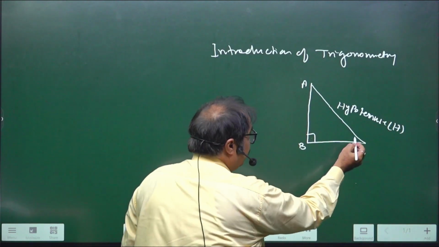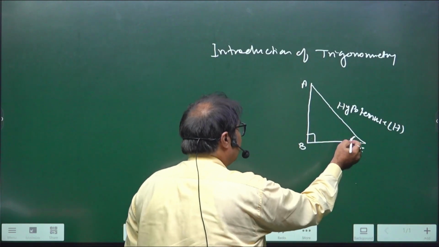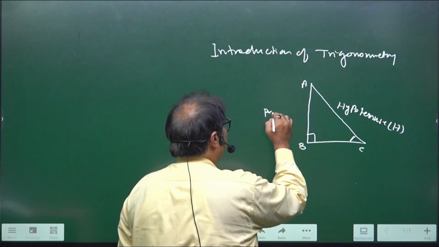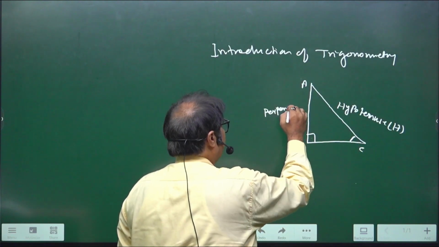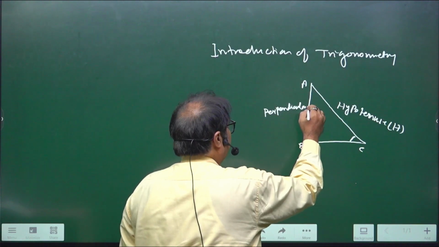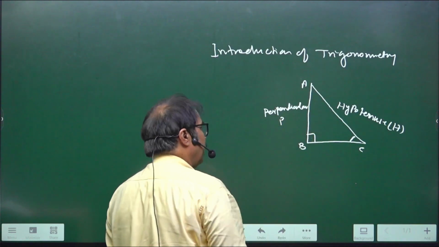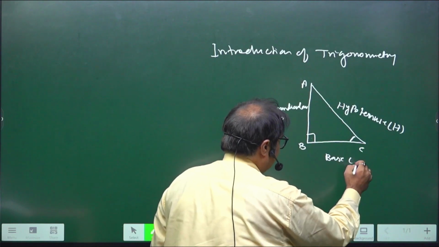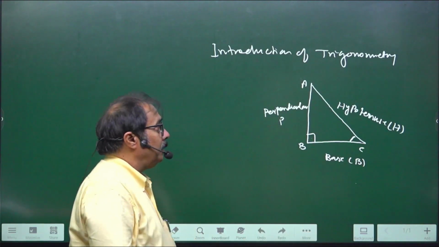And the side opposite to this given angle is always perpendicular, which is denoted as P, and the remaining side is base, which is denoted by B, right?